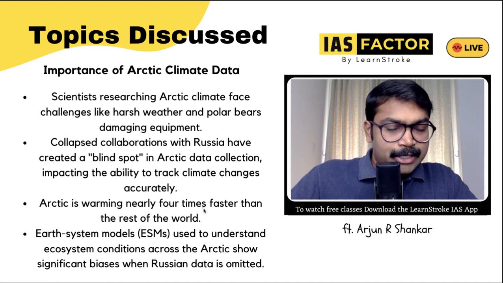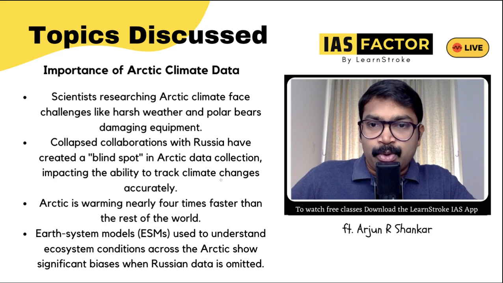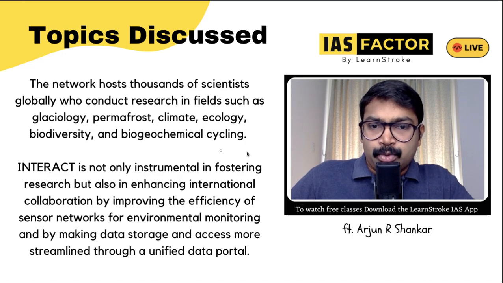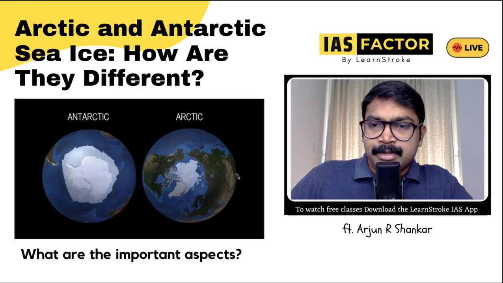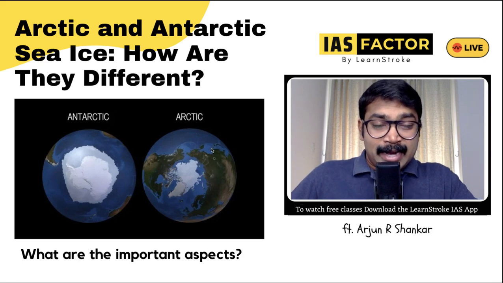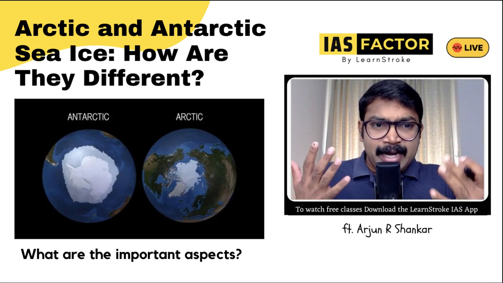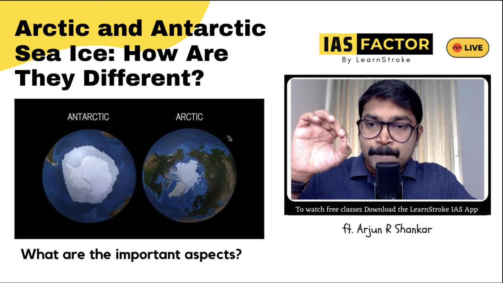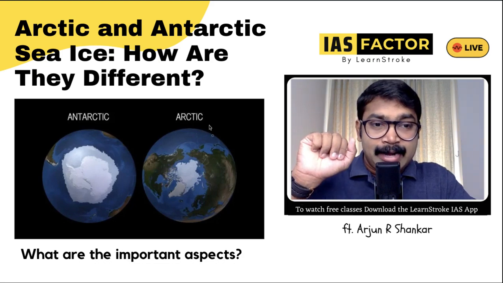Remember the statistics very clearly. Okay, so that was regarding some of the important points. We have already discussed this concept clearly. So that was all regarding Interact and why it is important, why climate data is also important for the Arctic region. So have a clear idea regarding the Arctic station.